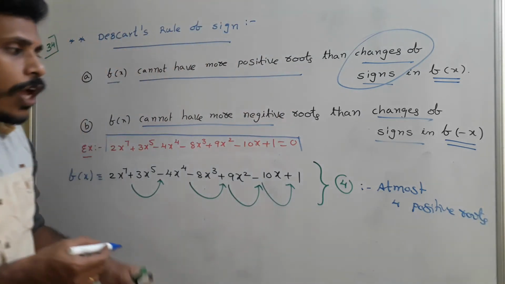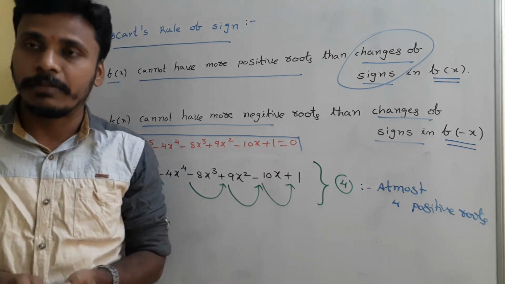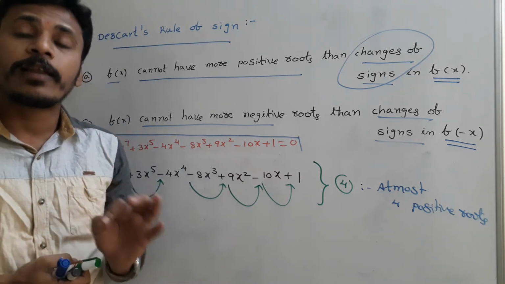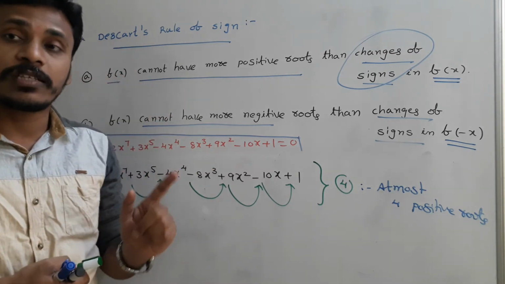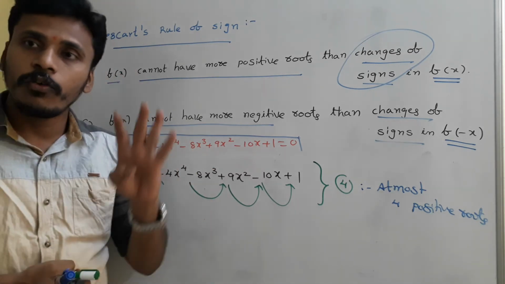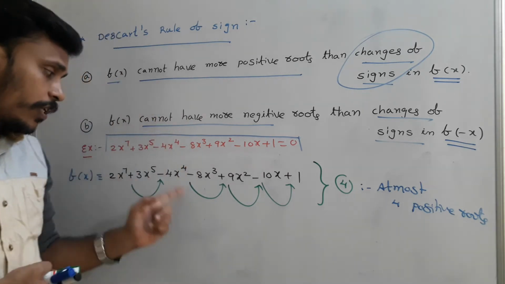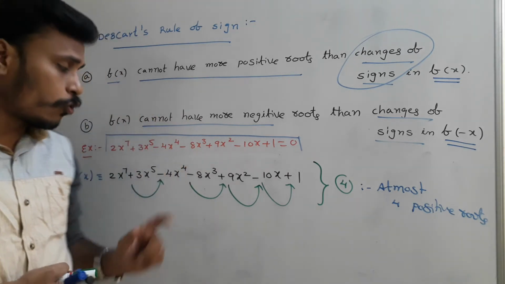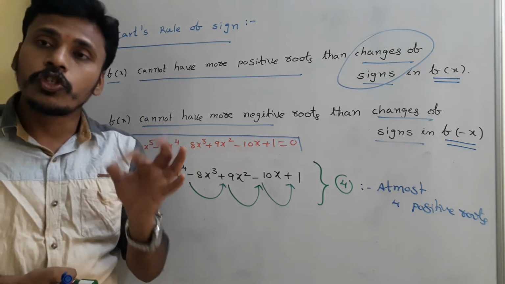What I am saying? At most 4 positive roots. We are not sure about the exact number, but we are sure that the polynomial equation has at most 4 positive roots. This equation may have 4 positive roots, 3, 2, 1, or 0 positive roots.